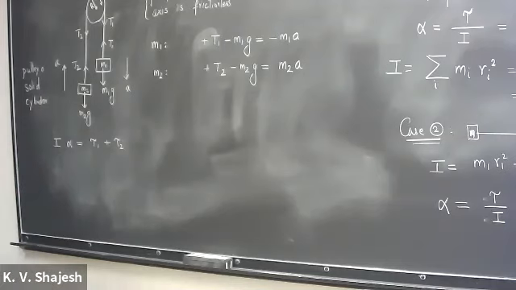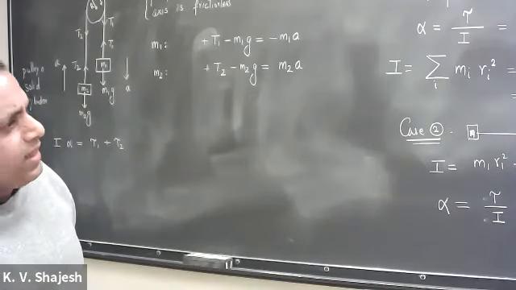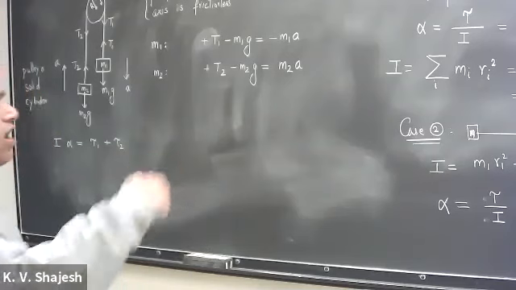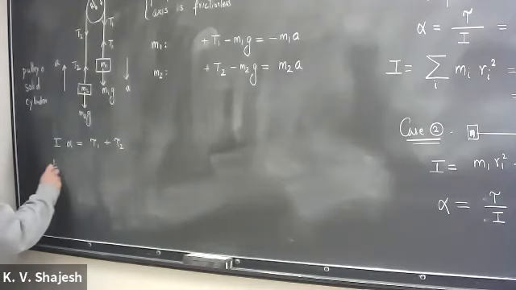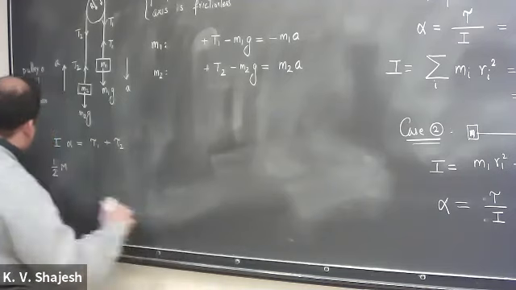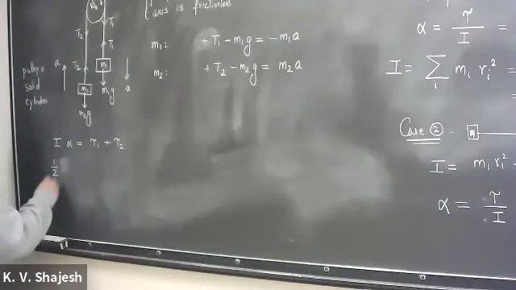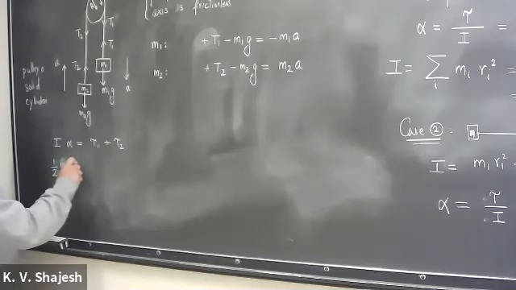Which means, if you go to the other board where we described the moment of inertia of each of these objects, this is half M R squared. M is the mass of the pulley, in this case M3, and R is the radius of the pulley.